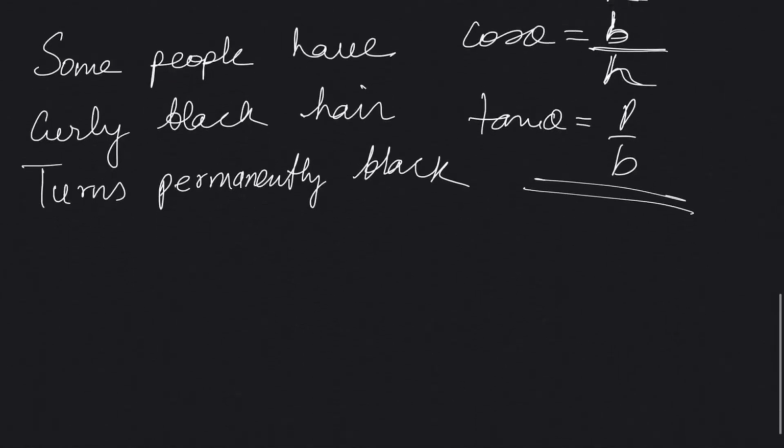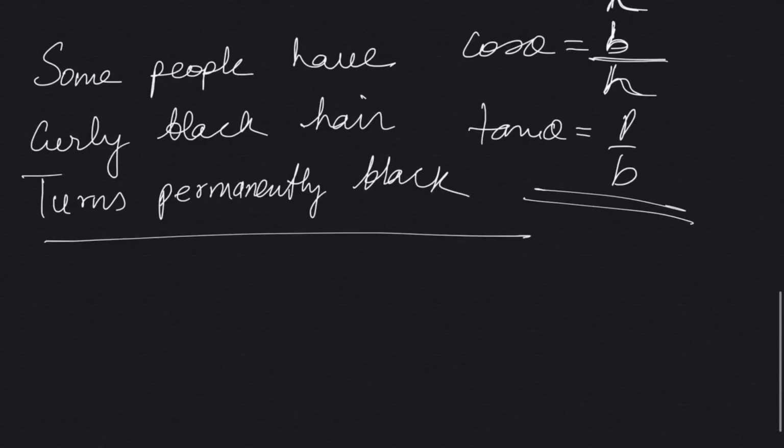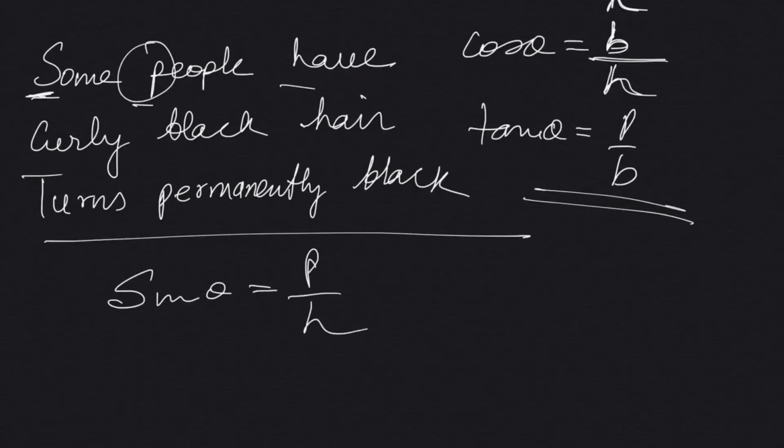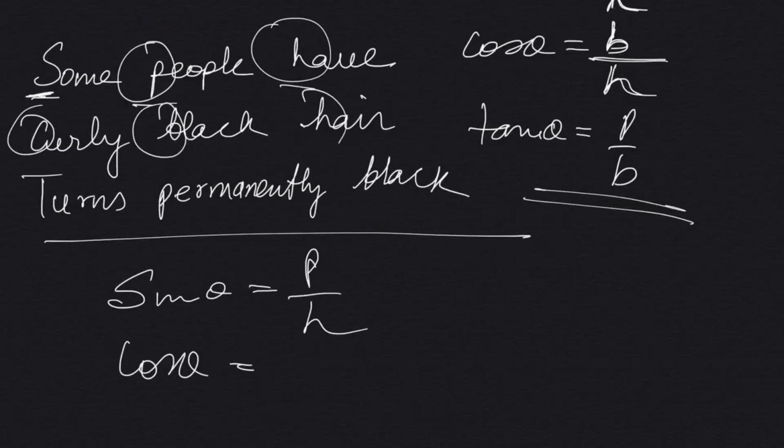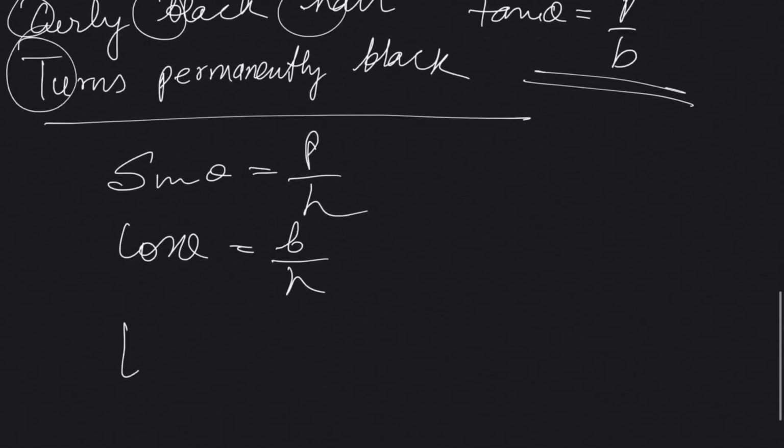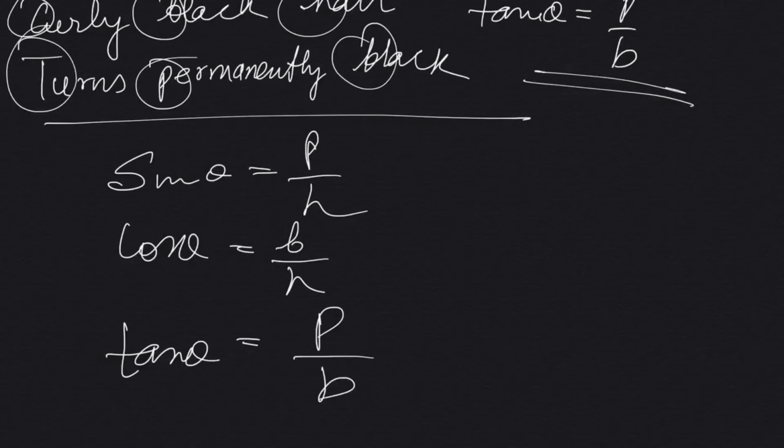Absolutely makes no sense, but if you remember this poem, then you can say SPH, meaning sin theta is equals to perpendicular by hypotenuse, cos theta is equals to base by hypotenuse, and tan theta is equals to perpendicular by base.